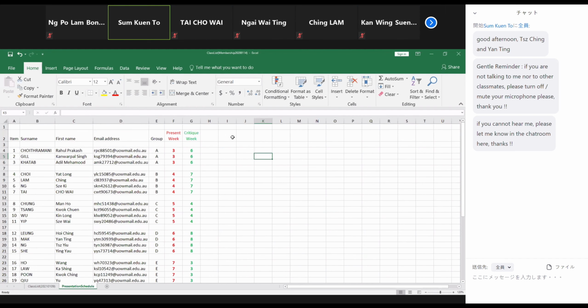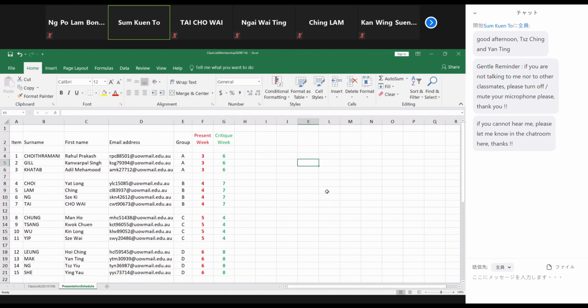If you cannot see the spreadsheet, let me know. This is what we agreed last time. I've just tried to input it in a more systematic way to show you in the Excel file. Let me enlarge that a little bit.